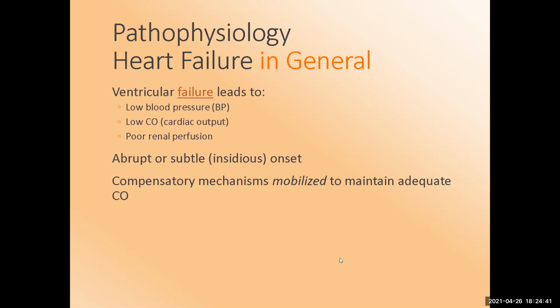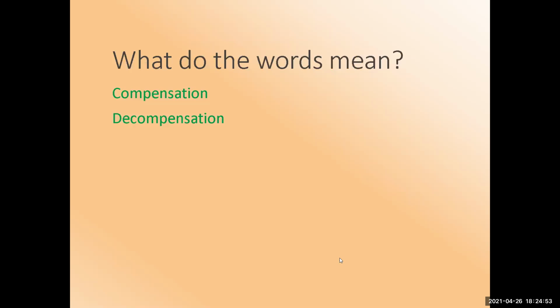And the body has compensatory mechanisms that mobilize in order to maintain adequate cardiac output. So what do the words compensation and decompensation mean? We kind of talked about compensation. What about decompensation? When the body can no longer make changes to compensate for whatever's going on, right?